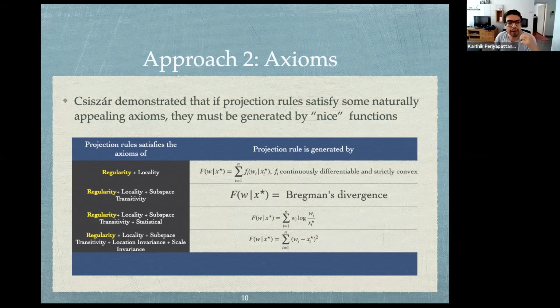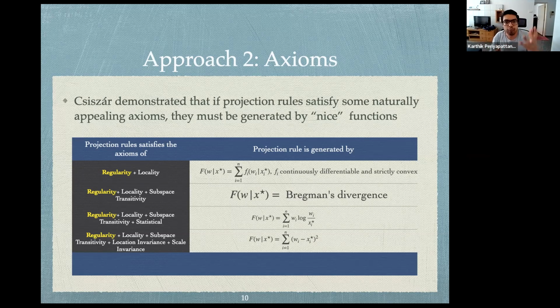Okay, so in his paper, he goes on to say that, look, there are some axioms or some rules that I want the projection rules to satisfy. If these rules are satisfied, then these projection rules ought to be generated by some nice functions.